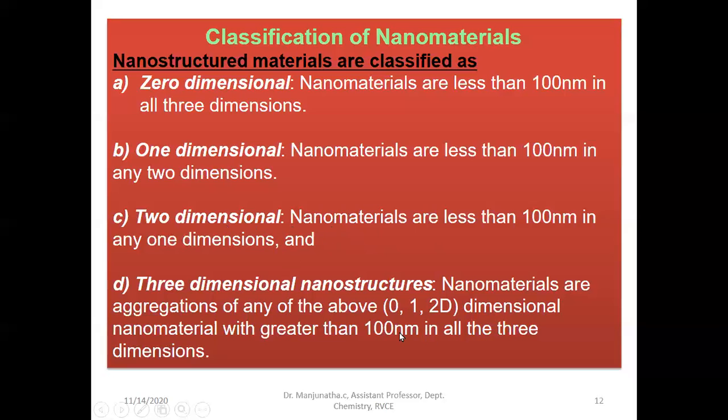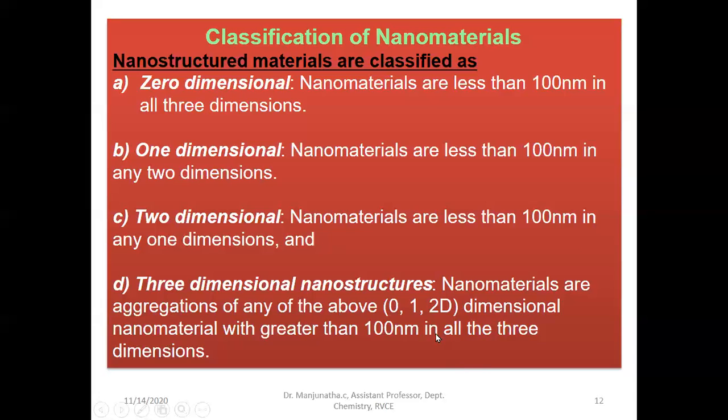3-dimensional nanostructures are greater than 100 nanometer in all the 3 dimensions. However, that material is made up of a cluster or a combination of 0-dimensional, 1-dimensional, or 2-dimensional materials, so we call it a 3D nanostructure.